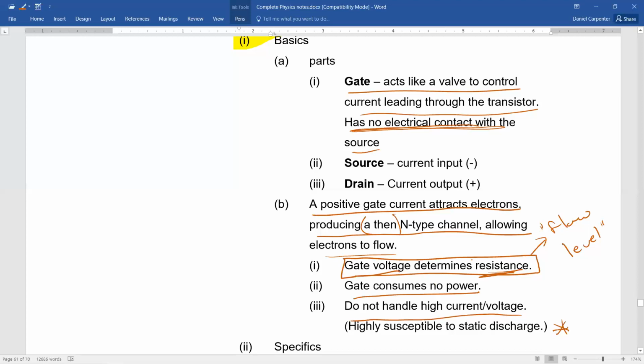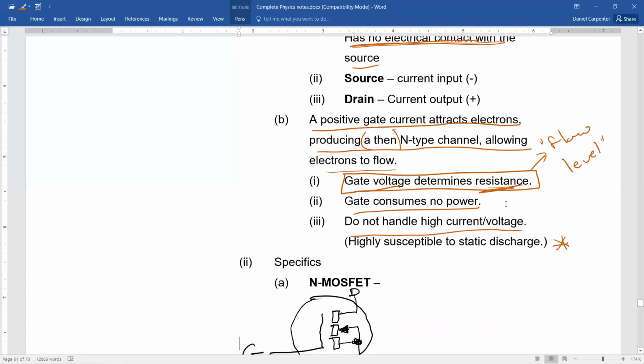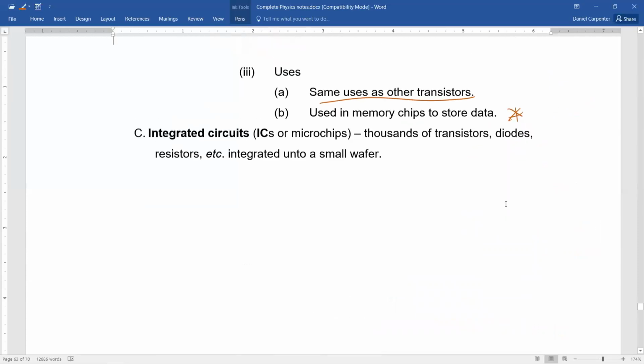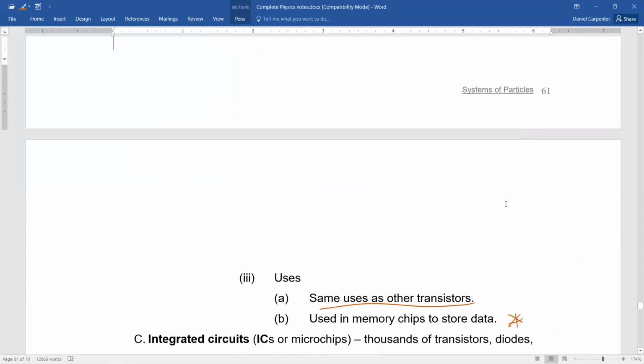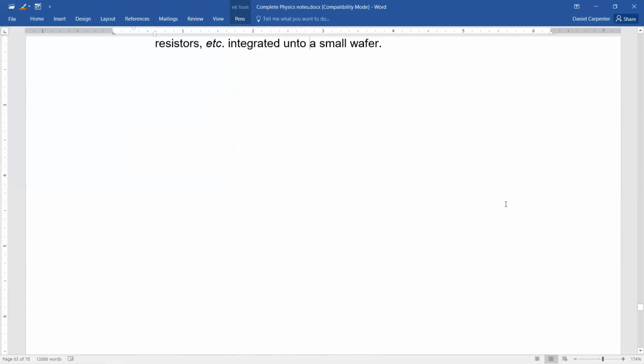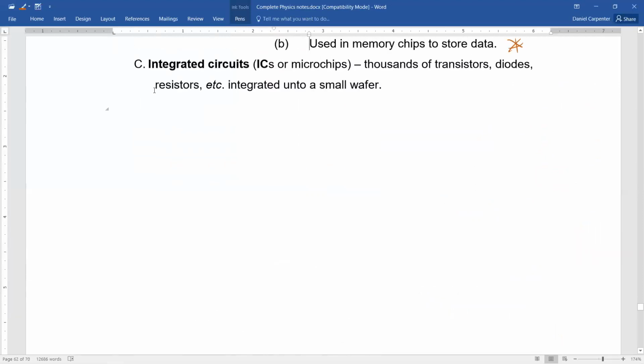All right, that is about it. The only other thing to point out in these notes is the integrated circuits. Oh, come on, quit jumping around. And I know that you, Alex, are familiar with integrated circuits.